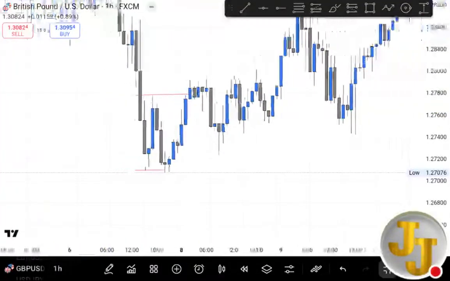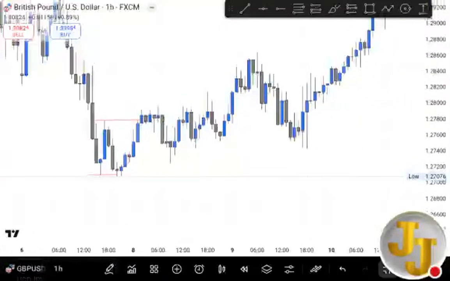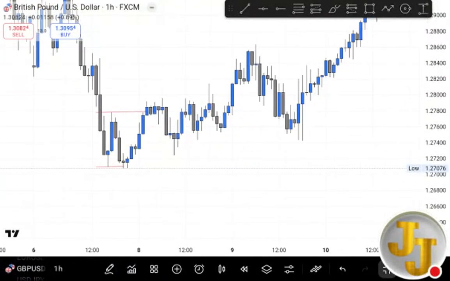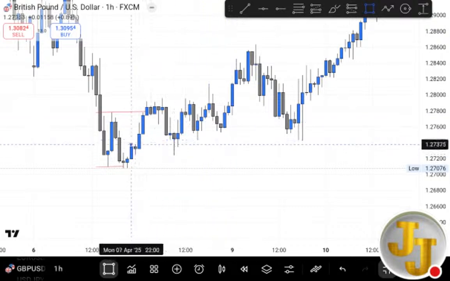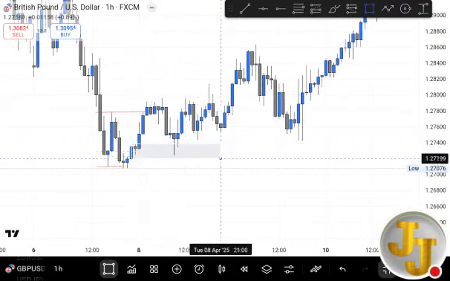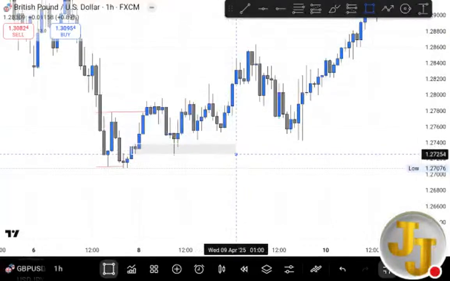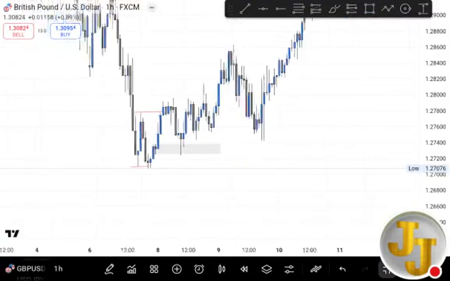Then the market came, it broke that lower high. When it broke that lower high, of course, down here there was an order block. You can see there was an order block right here. It came back to that order block, then it bought again.